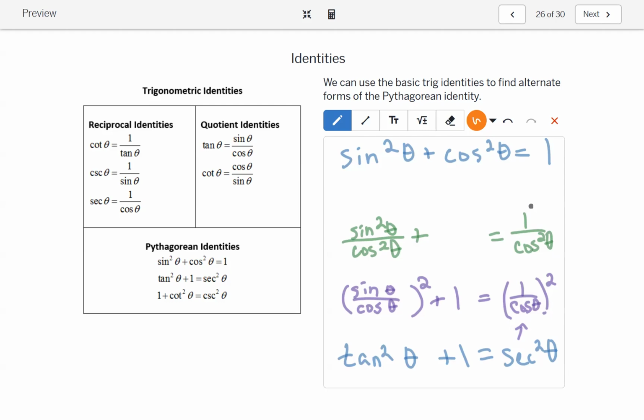Would the sine squared theta over cosine squared theta just be 1? Well, sine and cosine are not the same. Oh, I see. Sine over cosine is tangent, but if I had cosine over cosine, that would be 1. So cosine squared over cosine squared could be 1.